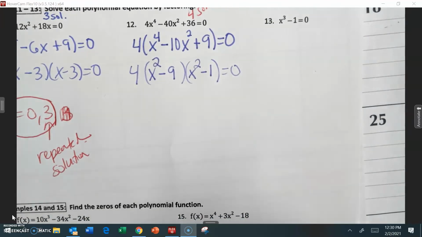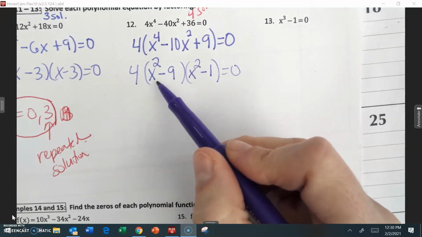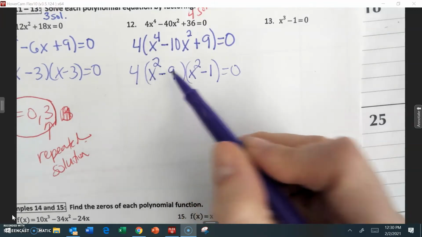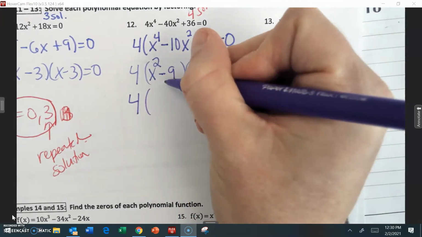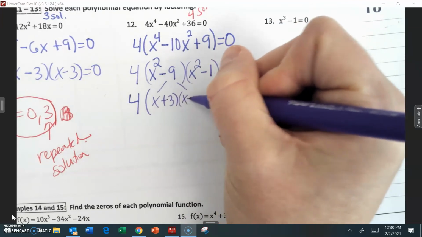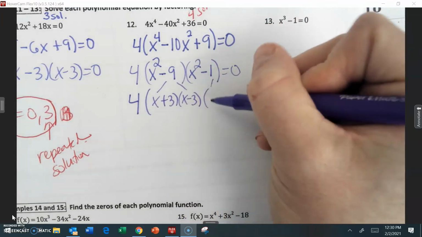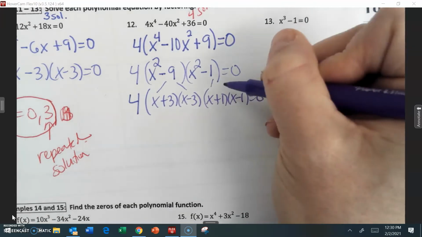Now, you have to ask yourself again, can we factor more? Well, in this case, we actually can, because this is a difference of squares, and this is a difference of squares. So this factors into x plus 3, x minus 3. This factors into x plus 1 and x minus 1.